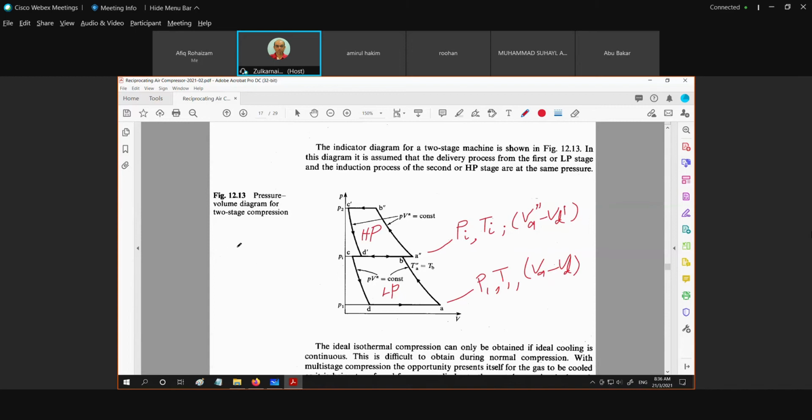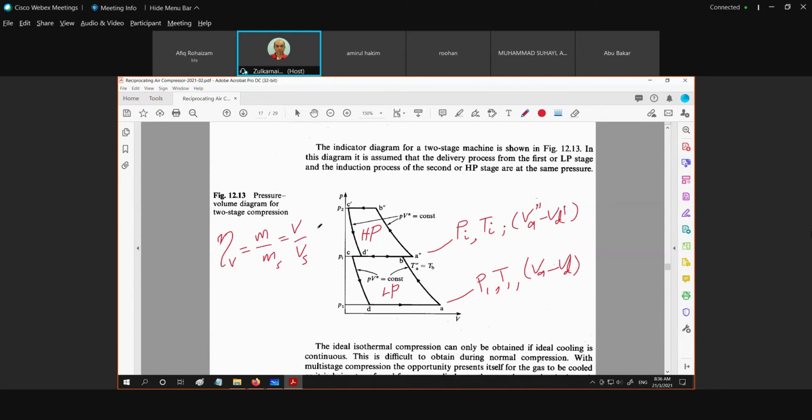Jadi as far as the volumetric efficiency is concerned, kalau kita lihat takrifan volumetric efficiency iaitu M divided by MS, which is equal to V divided by VS. Apakah V?